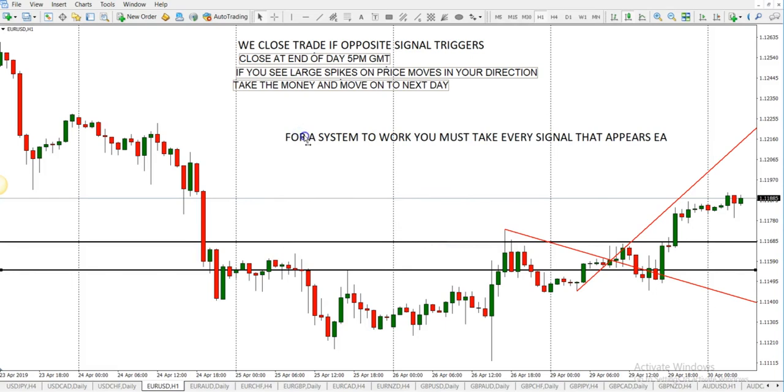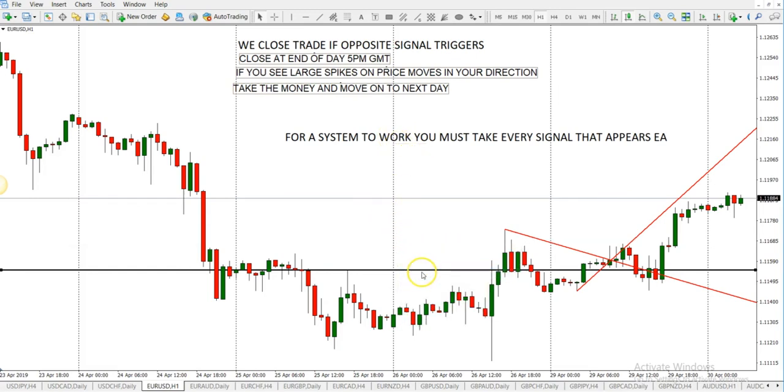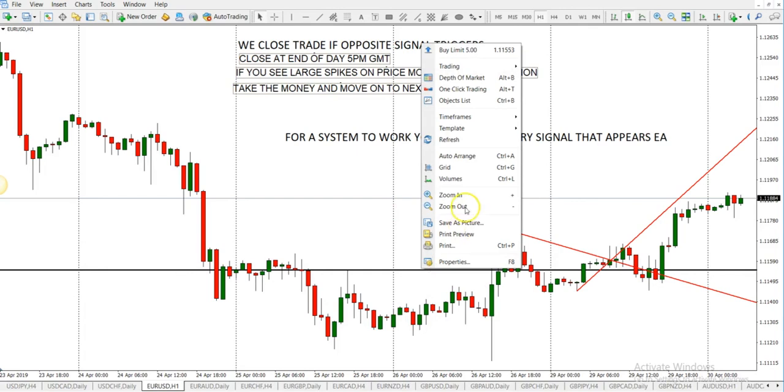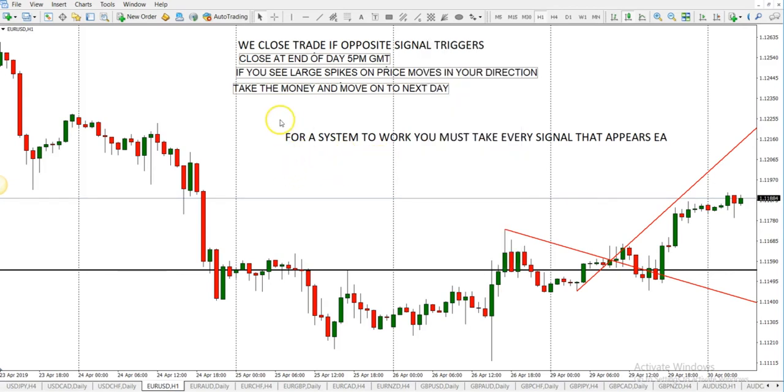Okay, that's for a system to work. You have to take every signal that happens. So when you watch the backtesting video, by watching this video you're going to understand what I'm actually teaching here. It's a very simple method, and you'll see it's very, very powerful, because you will get moves that simply go crazy in your direction very quickly, and they're the ones that make the money.